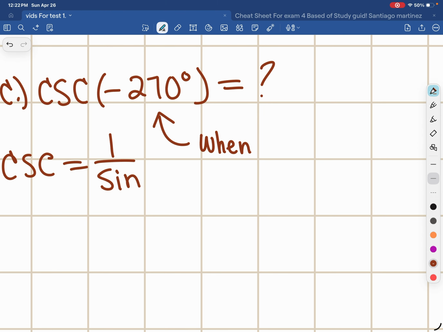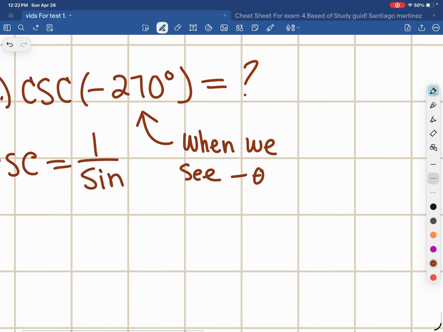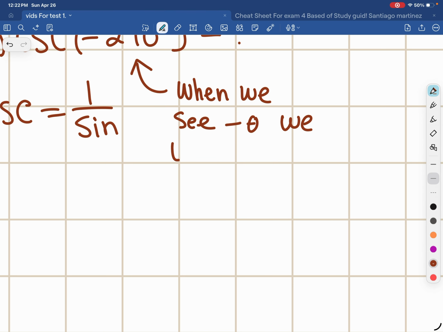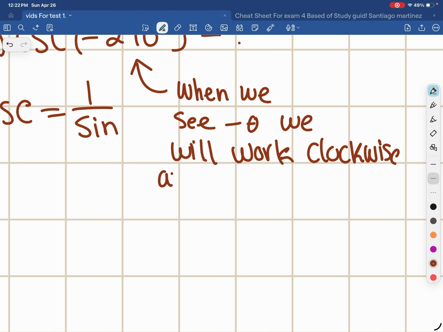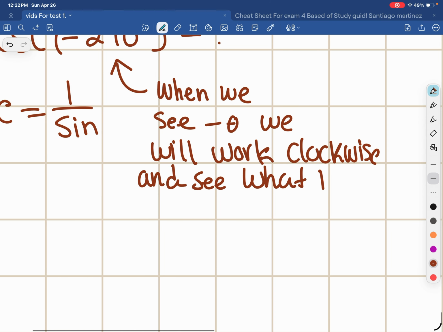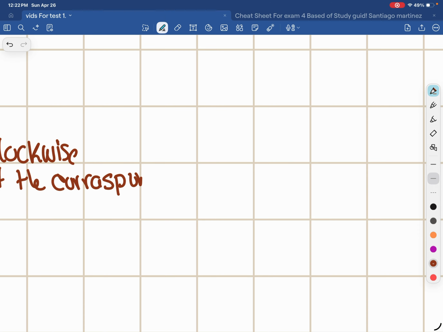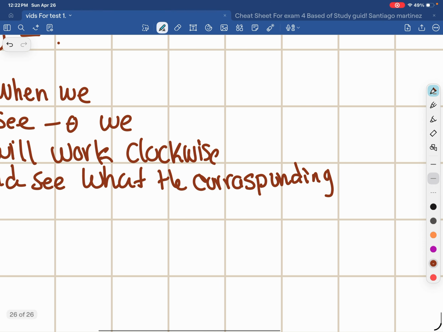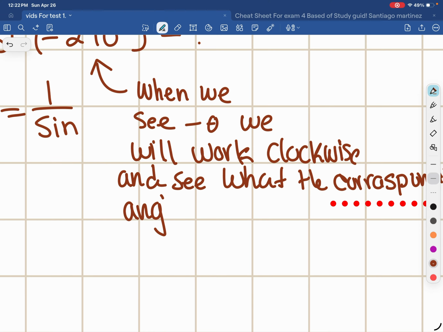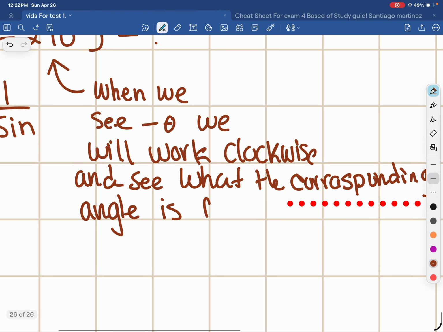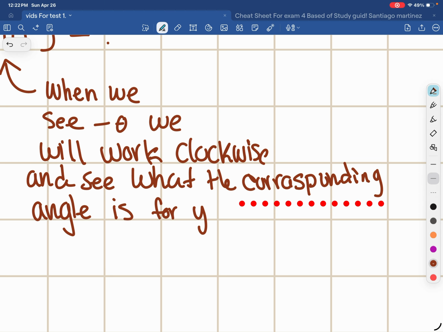When we see a negative theta, we will work clockwise and see what the corresponding angle is for your value.